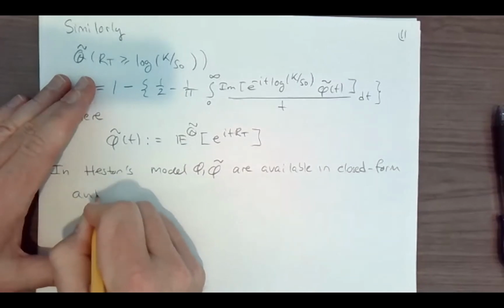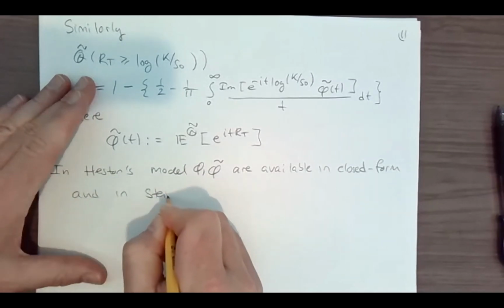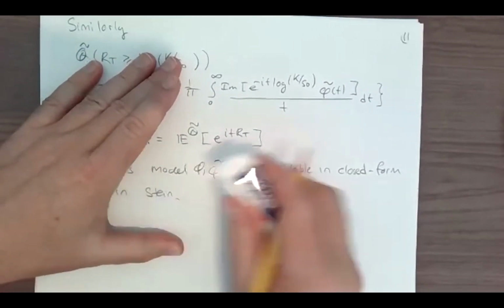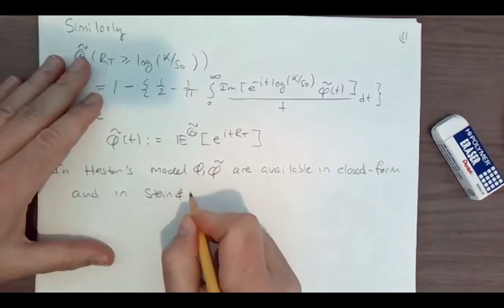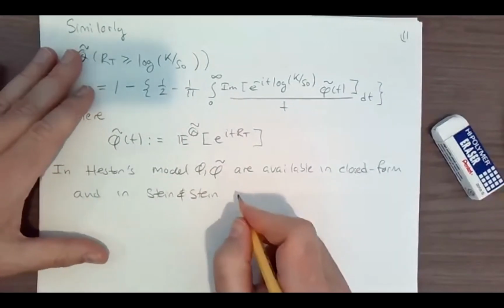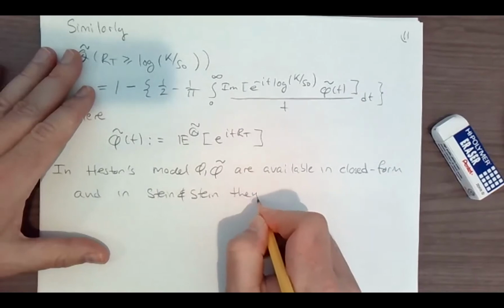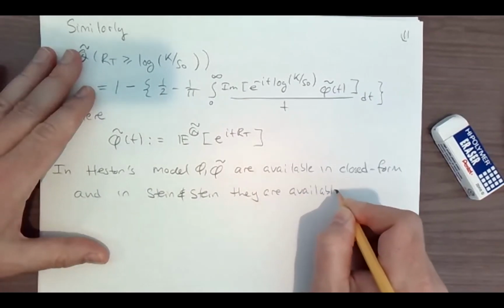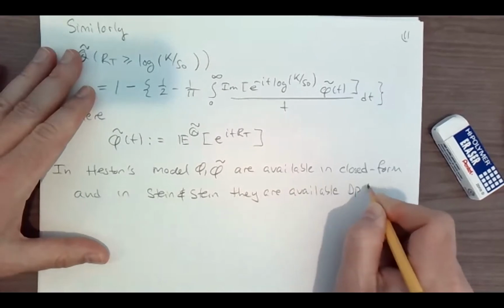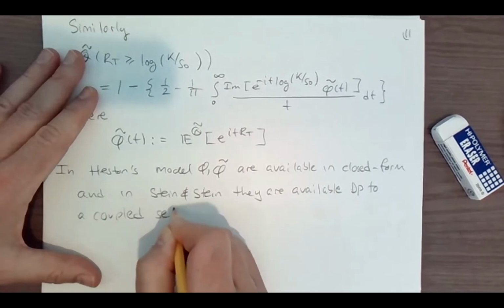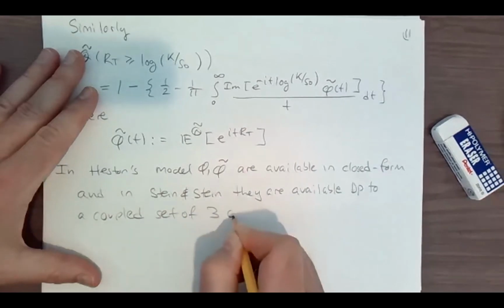And in Stein and Stein, they are available up to a couple sets of 3 ODEs.